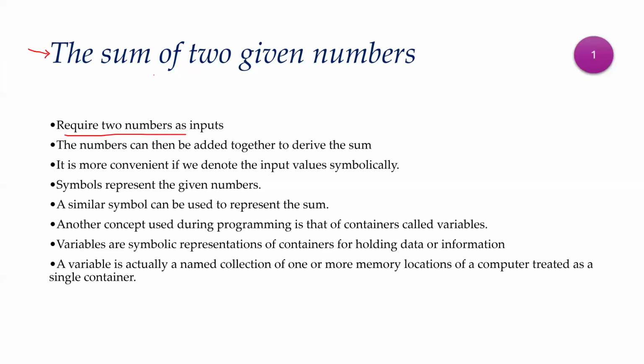So here's the input, and the output will be the sum. Initially, I'm writing my input and output: number one and then number two. So it will be input, and it will be output.